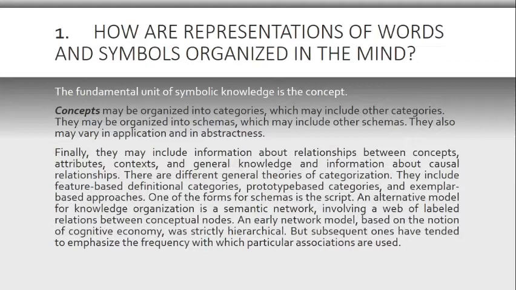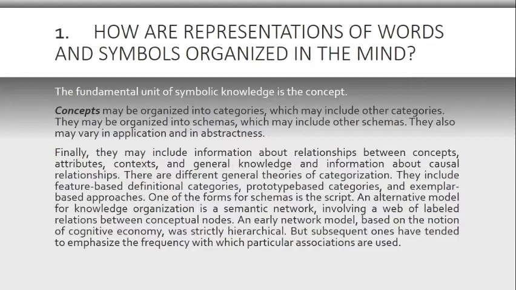if you have viewed other videos before this, number 1, how are representations of words and symbols organized in the mind? The fundamental unit of symbolic knowledge is the concept. Concepts may be organized into categories, which may include other categories.